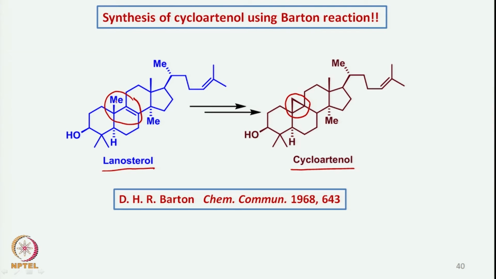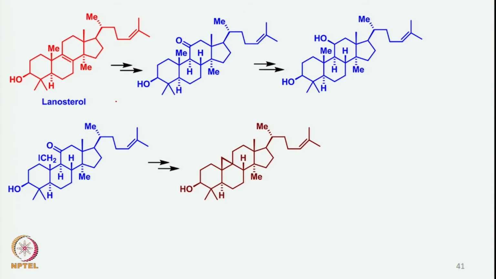So this one was very easily converted. The lanosterol was easily converted to cycloartenol in a very specific fashion by Barton. Now how it is done is that you take the lanosterol as is here, and this is the final molecule. Now this molecule is somehow converted to this particular carbonyl group.